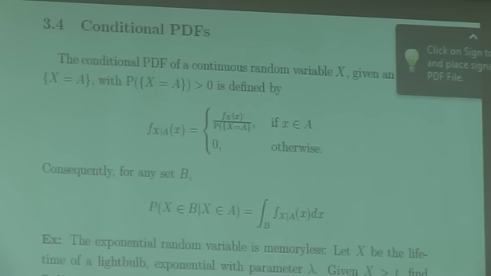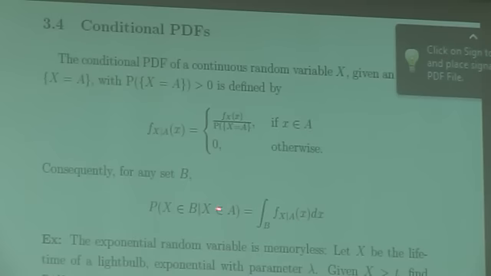Now, consequently, if you take a set B and you're wondering, given that x takes values in A, what is now the probability that x takes values in B? This can be computed by integrating over B the conditional Pdf fx given A of x.